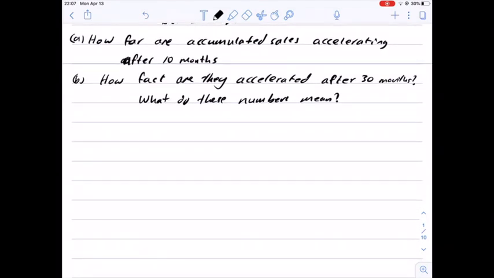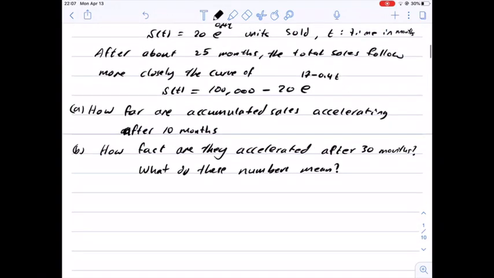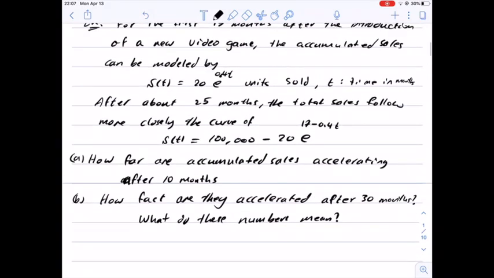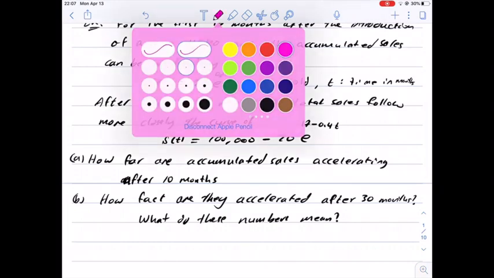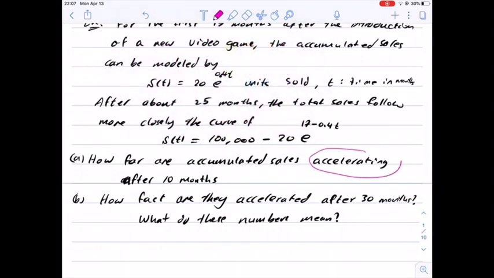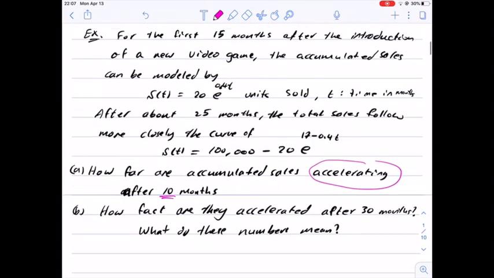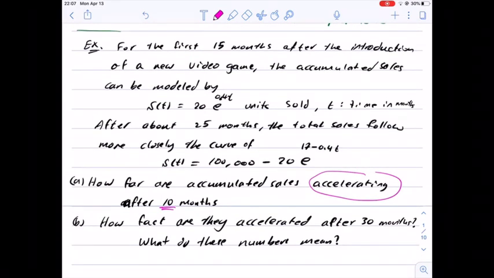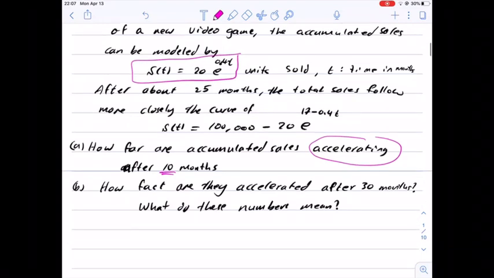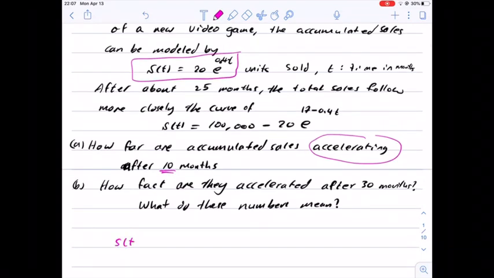Okay, now we want to answer this question. We are given two functions depending on the time. So let's find, for the first part, the acceleration after 10 months. So 10 months is still within the first 15 months, so we use this formula.